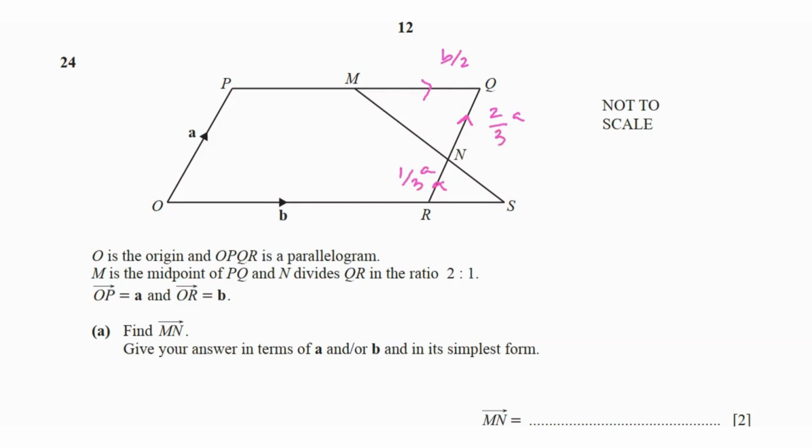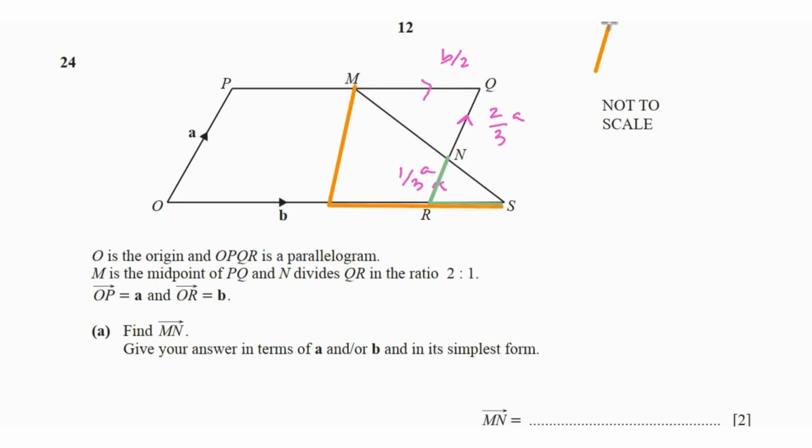In these cases, when they've extended lines and they're trying to figure out the position vector of any other vector, it's ideal to see if you have any similar triangles. So if we look at this one, it is similar to this one.